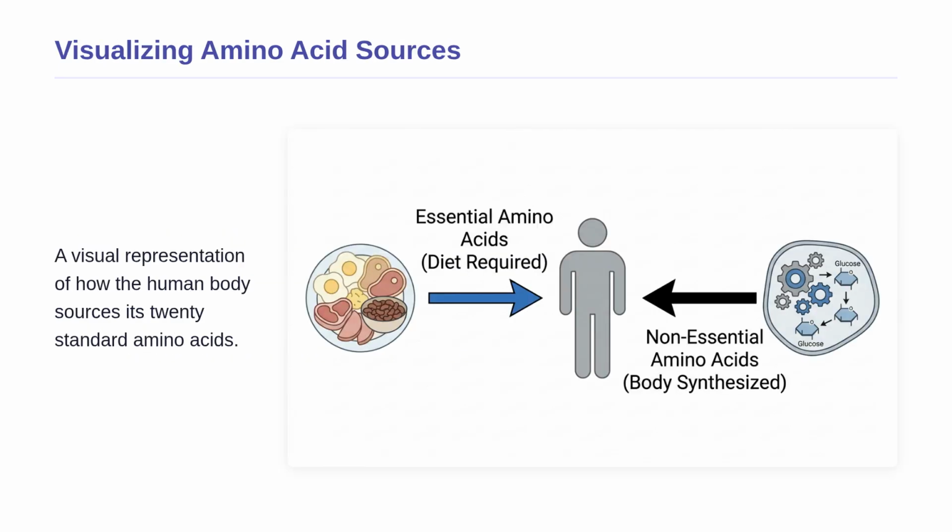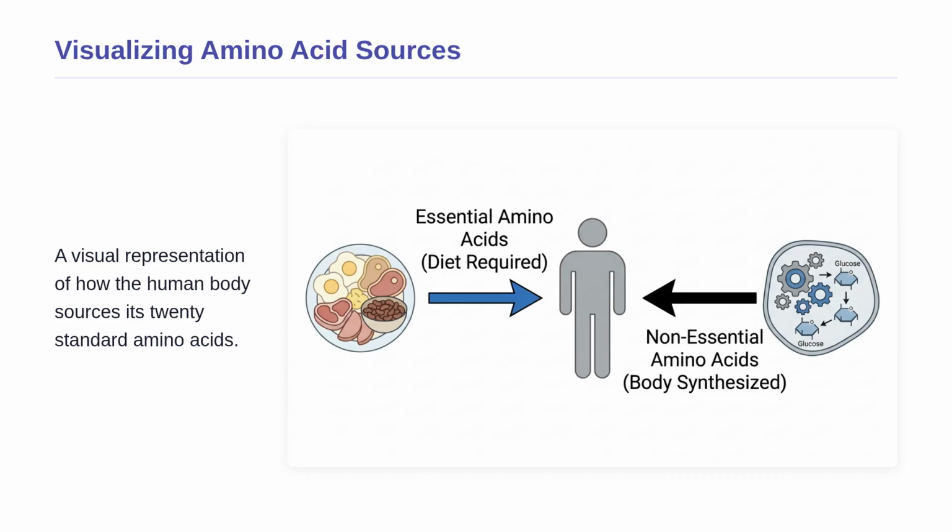Before we move on to the consequences of missing these molecules, let us visualize this sourcing process. On the screen, you can see a clear schematic of how our body obtains its building blocks. On the left, we see dietary sources like eggs and beans providing the essential amino acids directly to the human body. You must eat these.